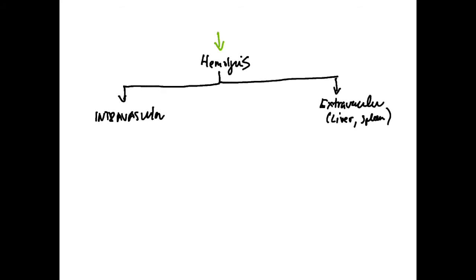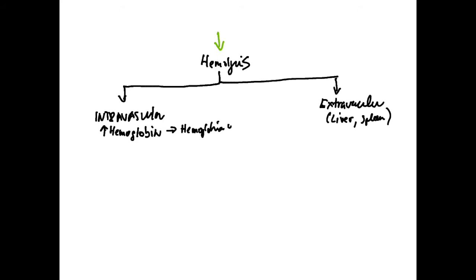And this is important, because if it's rather intravascular, if the lysis happens in the vessels, you're going to expect increased hemoglobin, and if there is lots of hemoglobin in the blood, it's going to get into the urine.